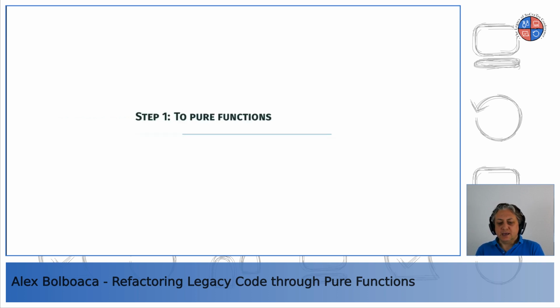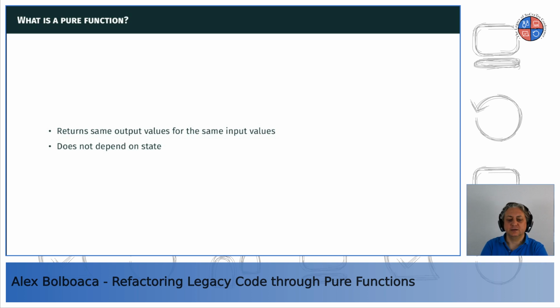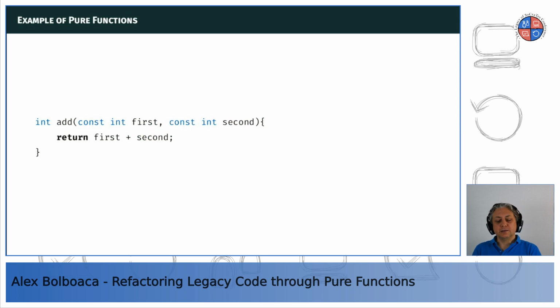So let's see first, discussing the first step, what is a pure function? The definition of a pure function is a function that returns the same output values for the same input values. So whenever you pass input values with specific values, what you get out is the same output value. It does not depend on state. So let me give you an example.